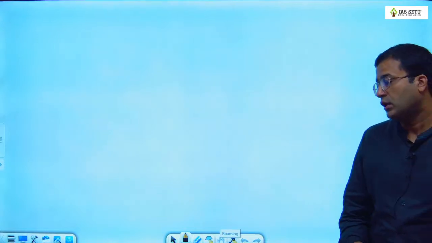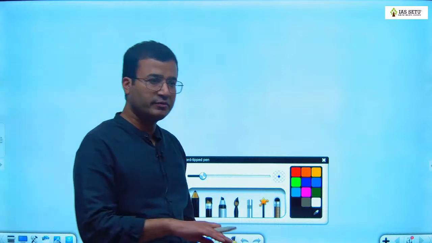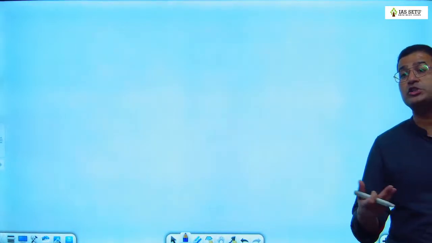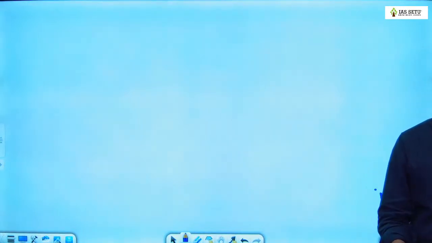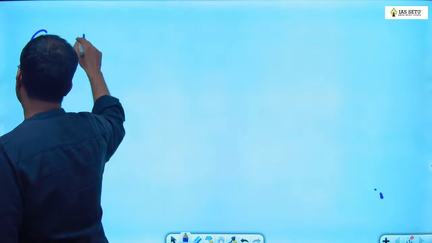So now first we will understand what is co-prime. Generally, students get confused between prime and co-prime. I will clear that confusion because you should know what is prime, what is twin prime, what is co-prime. Then I will discuss the LCM and HCF basic part. So now you put the heading co-prime.